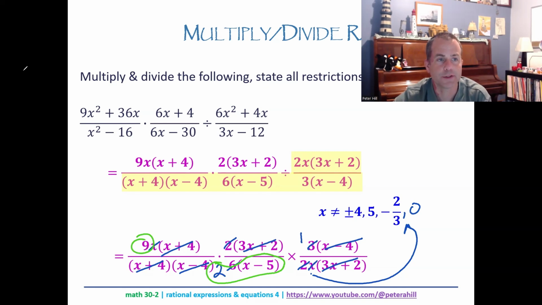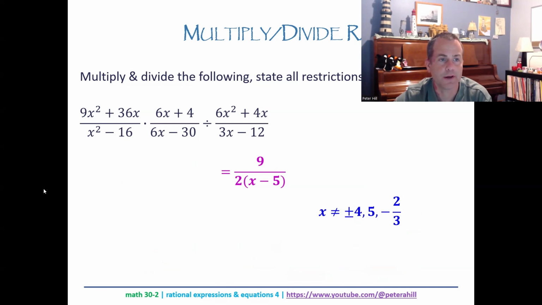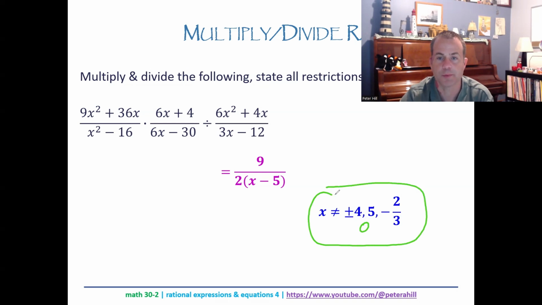So final answer would be 9 over 2 times x minus 5. Okay, 9 over 2 times x minus 5. And just because I erased my ink there, I'm going to quickly add in, don't forget the 0 with all my non-permissible values. Okay, 0 with all my non-permissible values would be lovely.